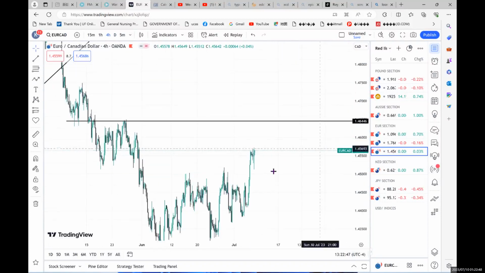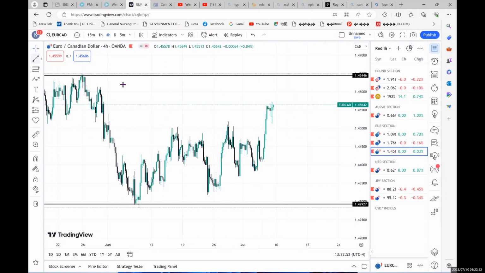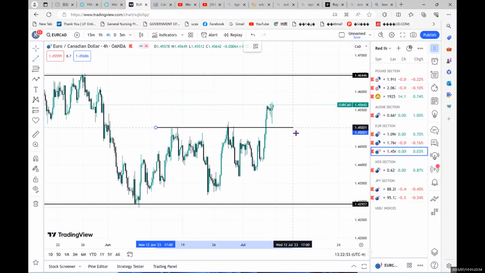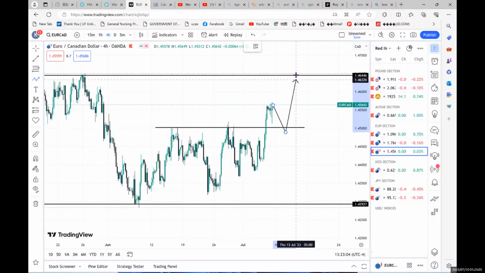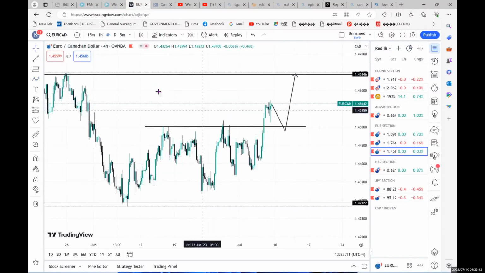But for now, let's focus on what's happening currently. So we can see price broke through all these highs here. Price broke through these highs here. So after a break, we expect a pullback. So now I'm expecting a pullback from EUR/CAD, probably into this area here, and then continue back up into these highs here. So I'm looking for a pullback. I'm looking to see what it will do coming this week.